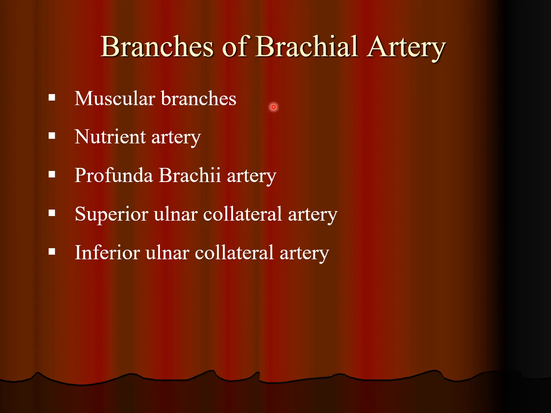But because the arteries are supplying the region and they are supplying many of the muscles, we don't name these branches by the name of the muscles. Like we talked about long thoracic nerve, which is the nerve to serratus anterior. But here, if the branch is going to supply the serratus anterior muscle as an artery, we don't say arterial branch to serratus anterior. We just say muscular branches.